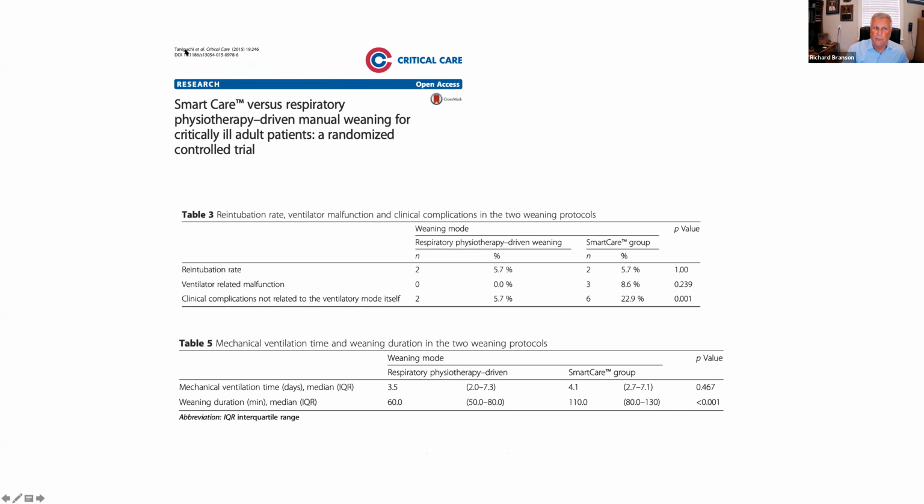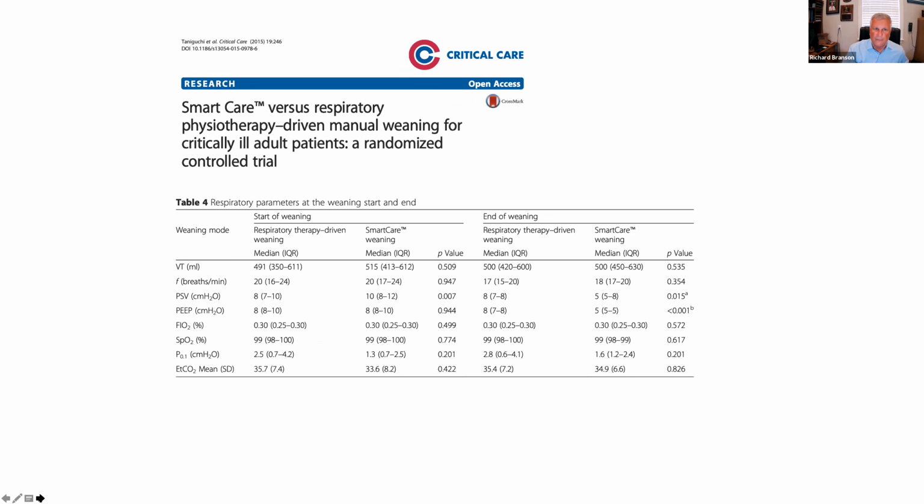This is another paper from about 5 years ago from Taniguchi, looking at Smart Care versus respiratory physiotherapist-driven weaning for critically ill adults. And if you look at the reintubation rate, ventilator malfunction, clinical complications in the top table, and mechanical ventilation time and weaning duration in the 2 weaning cases, in this case, there tended to be an advantage towards the physiotherapist-driven protocol.